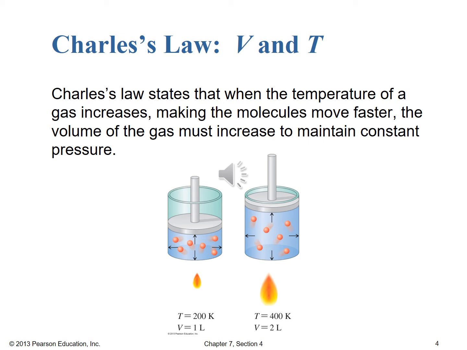As we increase that temperature now to 400 Kelvin, the piston we see expanding to increase the volume now to 2 liters because we doubled the absolute temperature. Therefore, we need to double the volume in order to keep pressure constant. That same average number of collisions against the walls, which is the pressure, remains constant if we double the volume when we double the temperature.